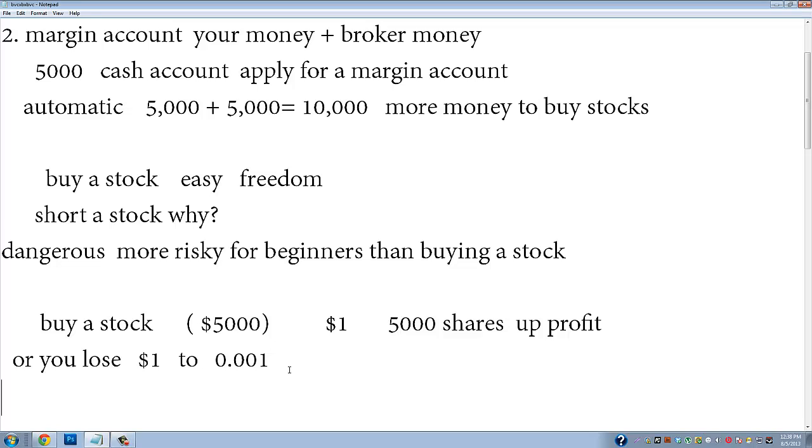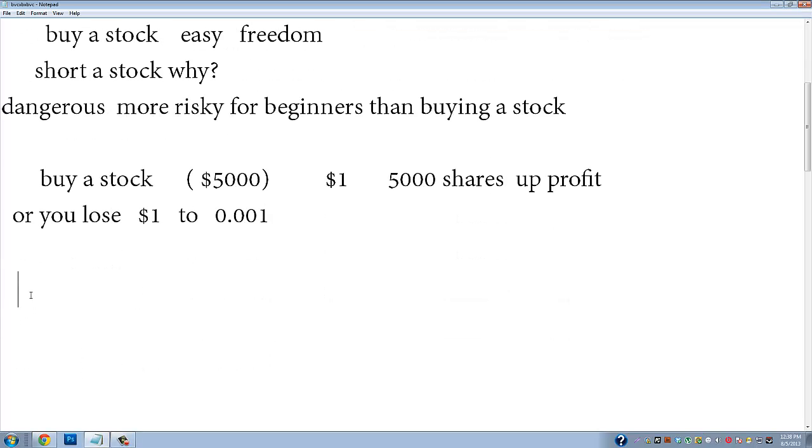Now, let's give an example of when you want to short a stock. Let's say you want to short a stock, and the stock is $1. You say this company has bad news, and I am sure this stock will go down. If it goes down to 0.000001, I will make too much money.